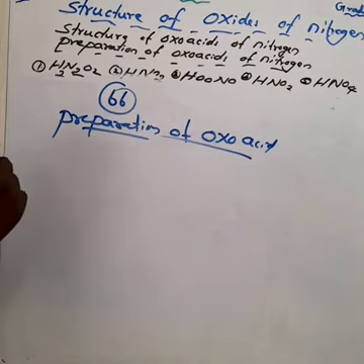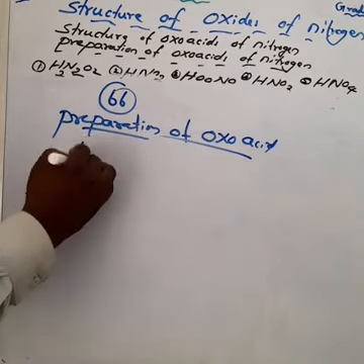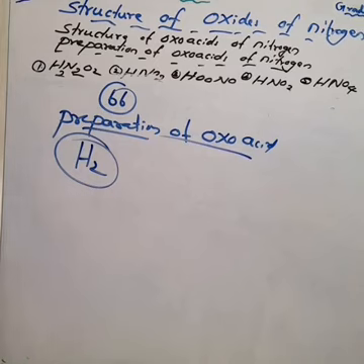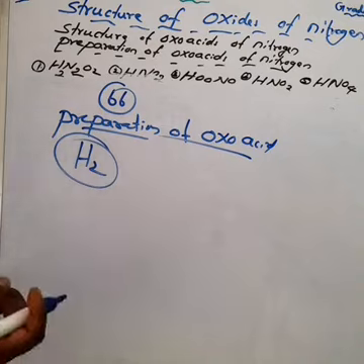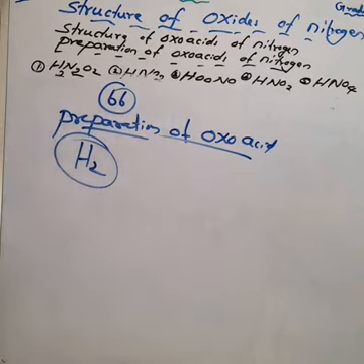Oxoacid means, acid must contain what? Hydrogen. Don't forget that. Please write the equations alone: preparation of hyponitrous acid, preparation of nitrous acid, preparation of pernitrous acid, preparation of nitric acid, preparation of pernitric acid. Please all of you write this assignment.